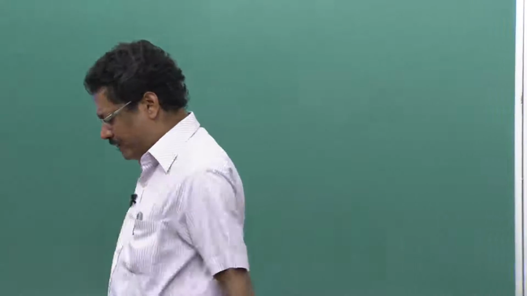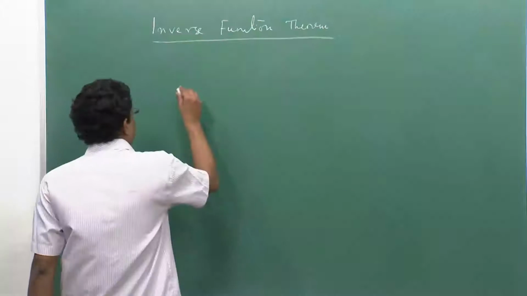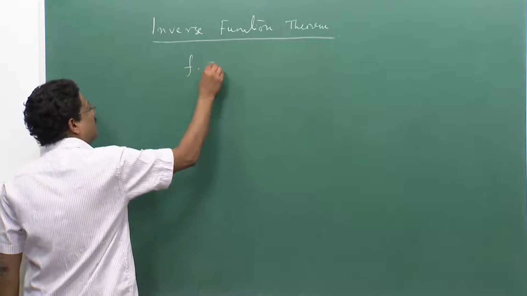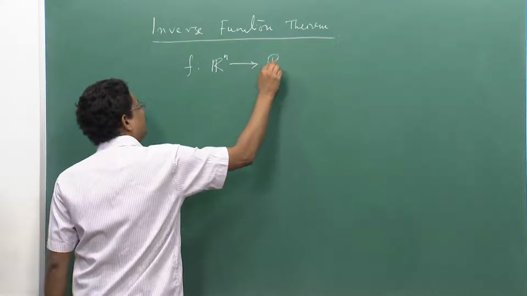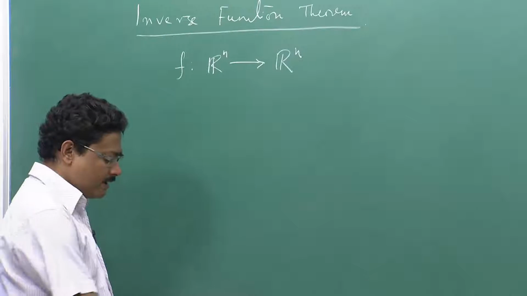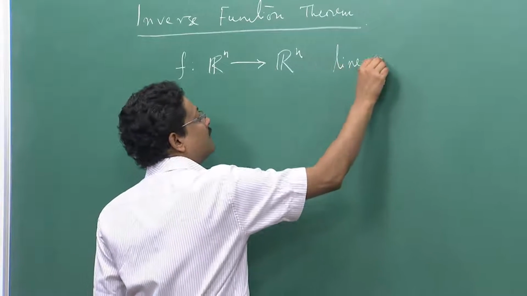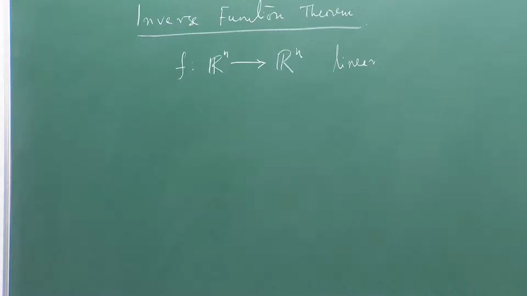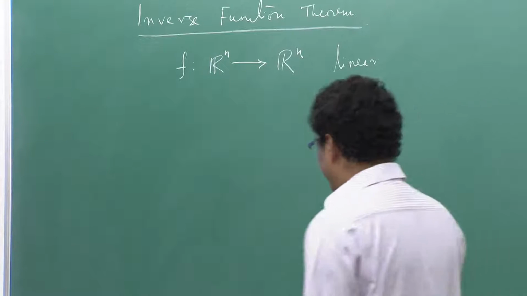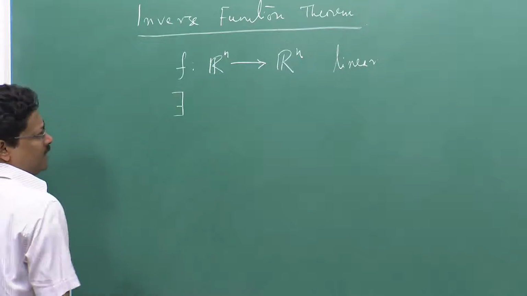Okay, let us start with a very simple one. Suppose I have a function f from Rn to Rn, and I take the simplest continuous function, a linear one. It is a differentiable function, differentiable of any order, and all of us know that there exist linear functions.